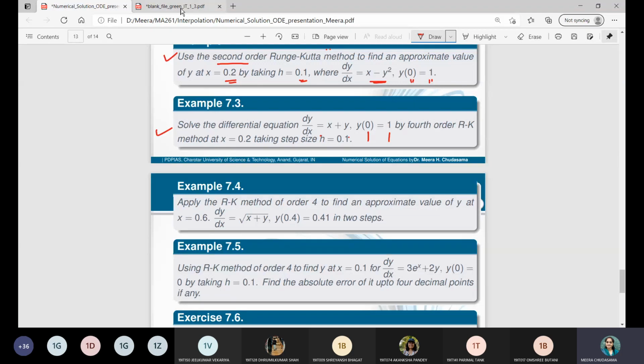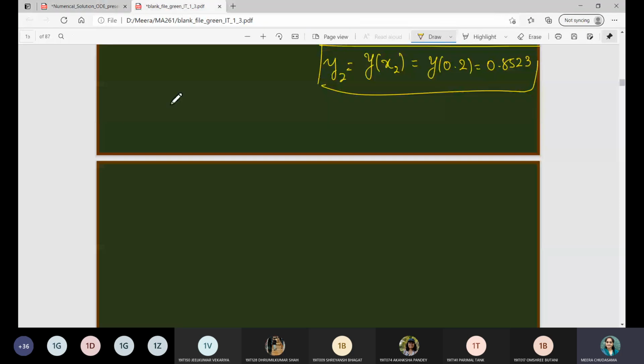So how many iterations do we have to consider in this one? Tell me. 2, ma'am. 2, because the initial point is given as 0, h is 0.1, and we are asked to find the value at 0.2. So 2 iterations we have to consider, right?